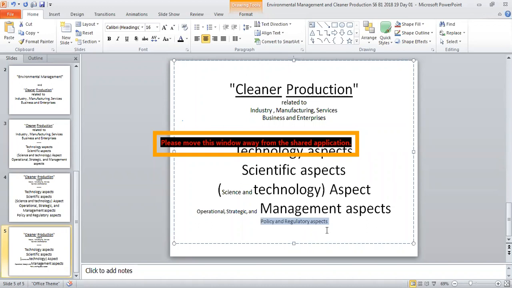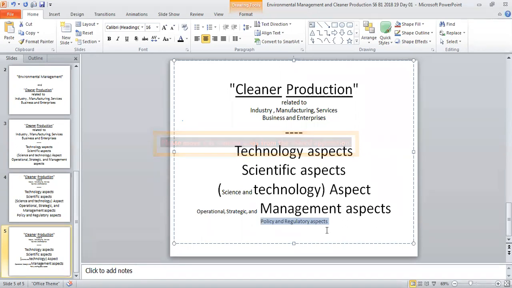So technology aspects, operational, strategic, policy and regulatory aspects. We need to have solutions. We need to have answers. For those, we need to be innovative. We have to be creative. We have to think forward. We have to think about the environment.